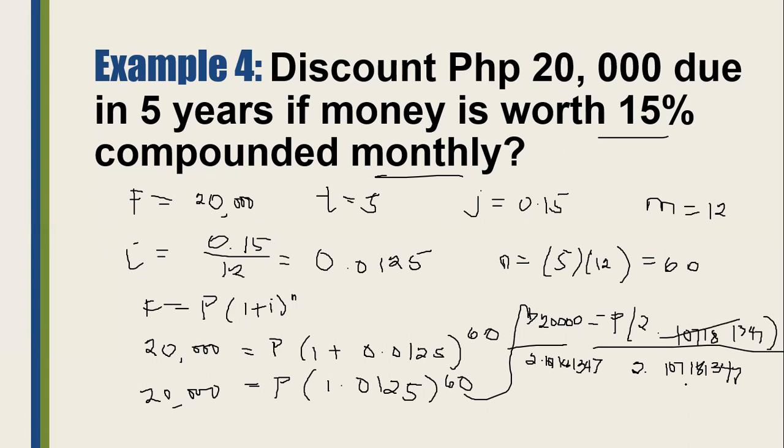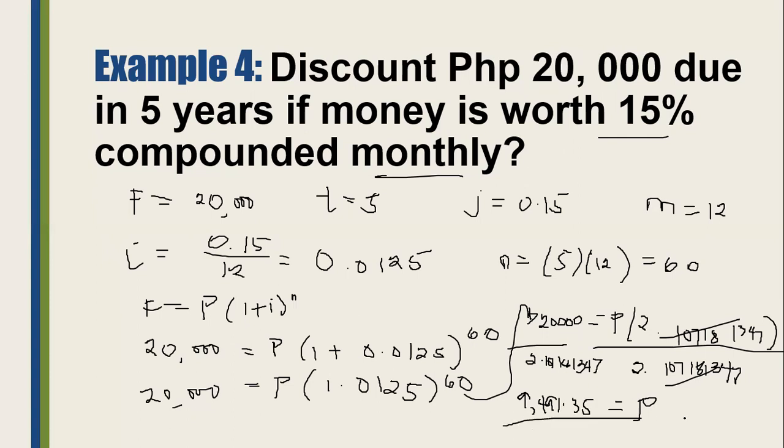2.107181347 so that only P, or the present value, remains, to get the exact value of our P. P equal to 20,000 divided by 2.107181347. So we have 9,491 pesos and 35 cents.